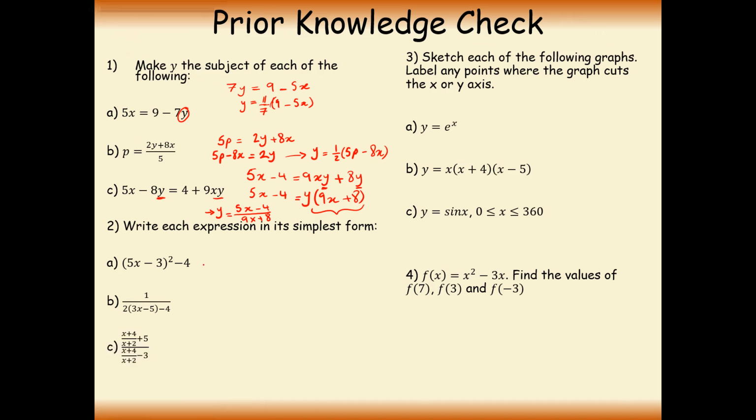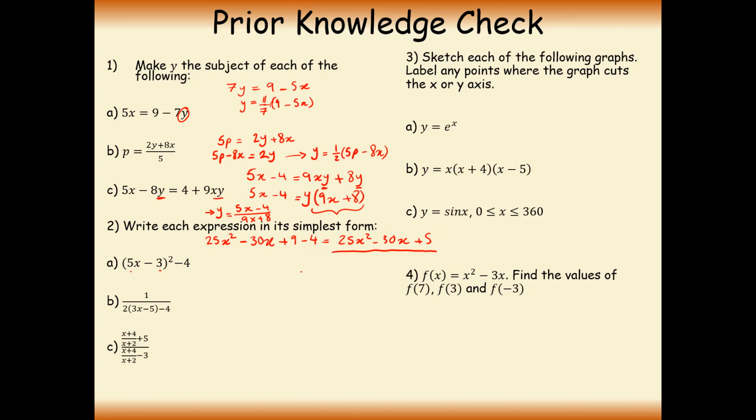So, in question 2a, you've been asked to simplify these expressions. Expanding the bracket and taking away 4 will leave us with 25x squared. Multiply these two together and double them, I would have minus 30x. Then multiplying minus 3 by minus 3 will give us a 9, and taking away 4 from that will leave us with 25x squared minus 30x plus 5.